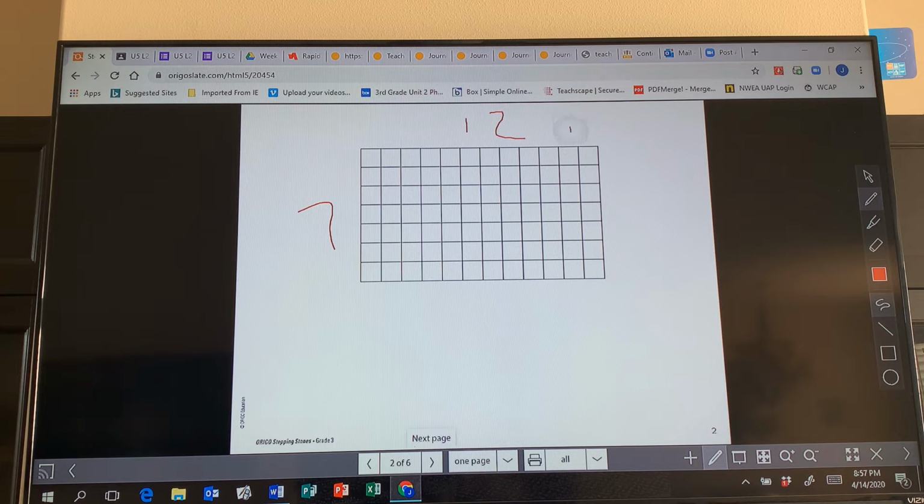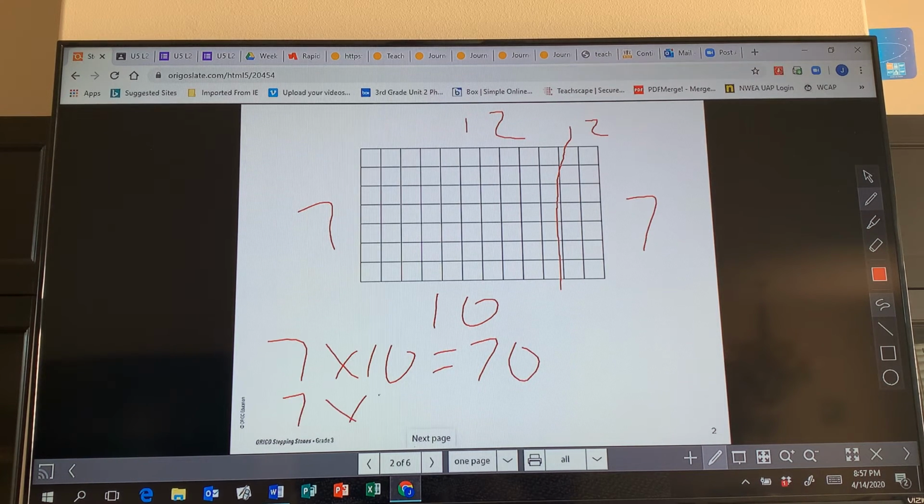If I divide it right here, and I now have 10, and I still have 7, but this time I have 2 up here. 2 partial products. 7 times 10 equals 70, and 7 times 2 equals 14. I can add those 2 products together to get my final product of 84.